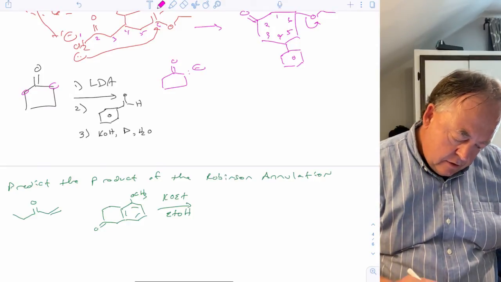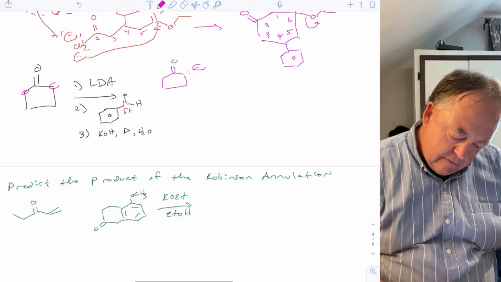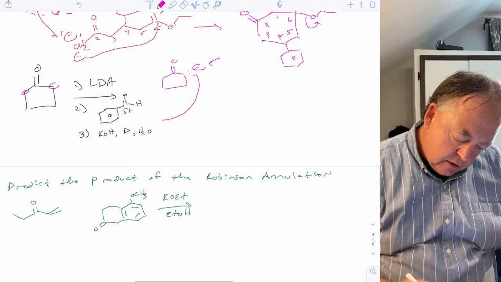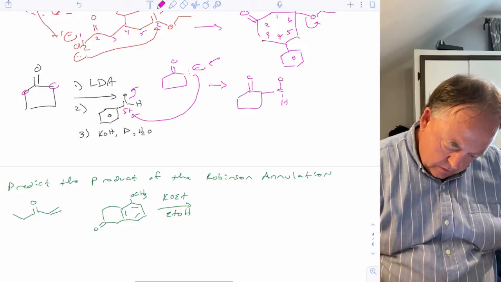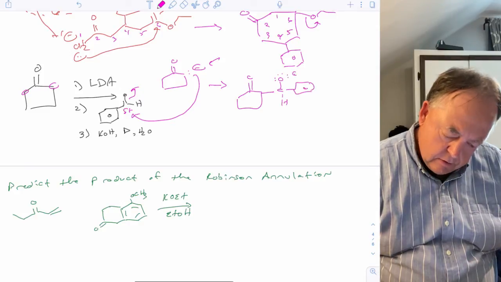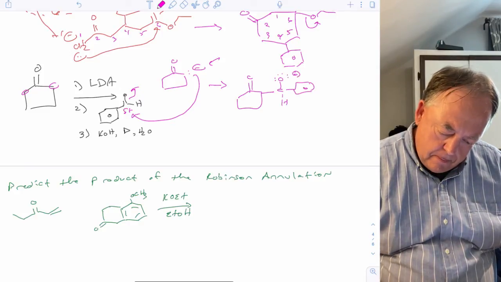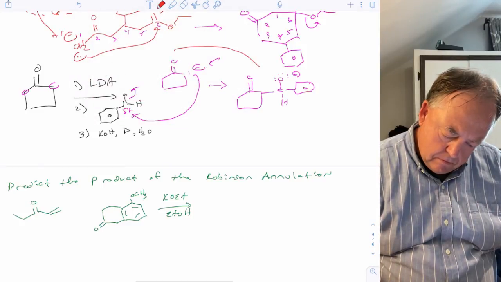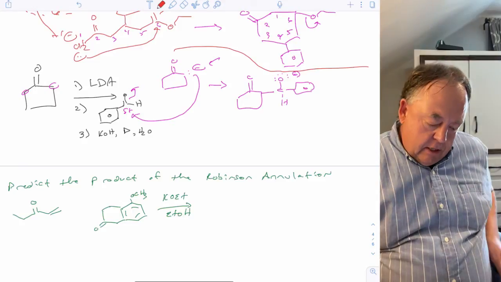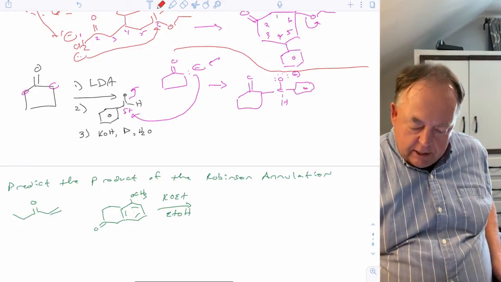And then that carbon's negative, that one's positive, so they're going to react with each other, so that goes there, that goes there. Okay, and that's what you get after the second step.